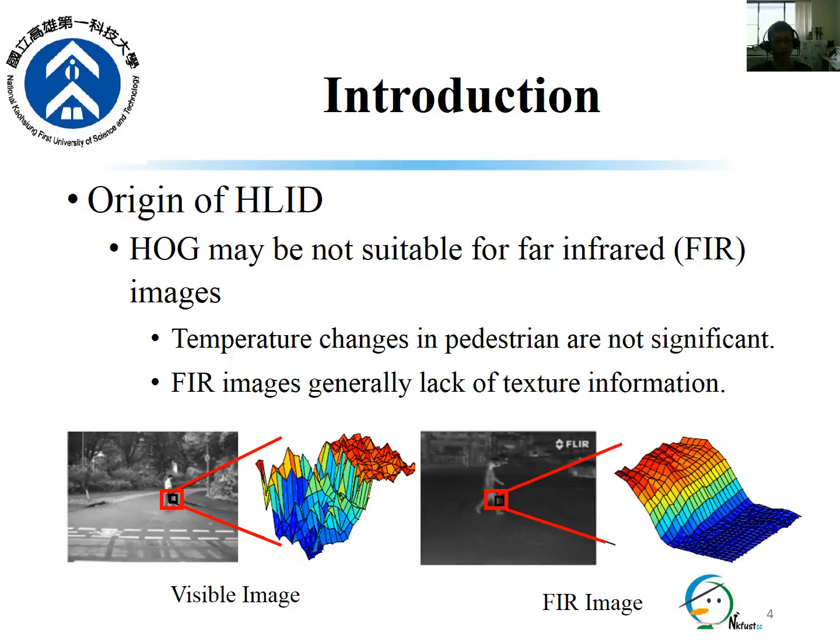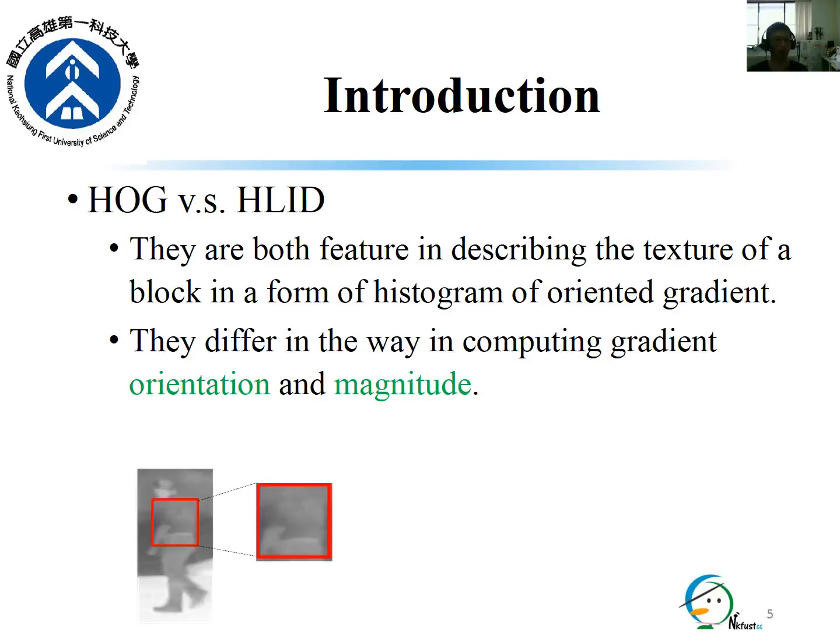Accordingly, the proposed HLID uses intensity difference instead of spatial filtering to compute the gradient information. As with HOG, HLID is a kind of feature that describes the texture of a block in the form of a histogram of oriented gradients.